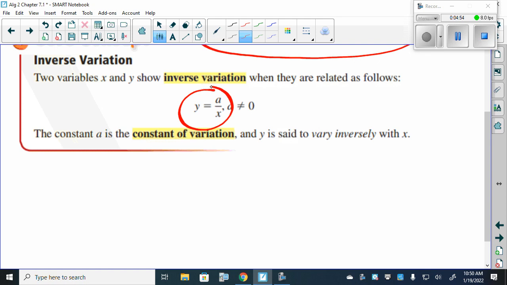And the main equation that we have for inverse variation is y is equal to a divided by x. Now we could also multiply both sides by x to get a by itself and say that y times x is equal to a. So these here are kind of the general formulas that we have for inverse and direct variation. And a is just going to be a constant term.